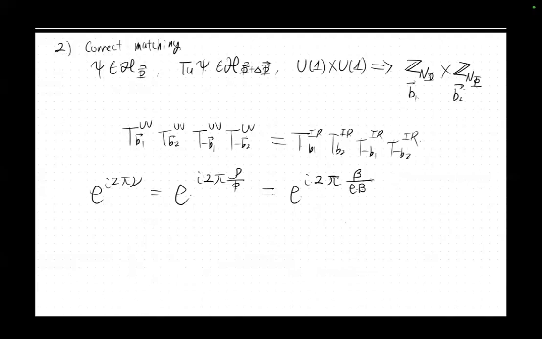Actually, I think I need a rho over here, but not this; I'll fix it later. I need to match these two parts, right? So what we need is beta over EB phi to be equal to nu mod 1, right?